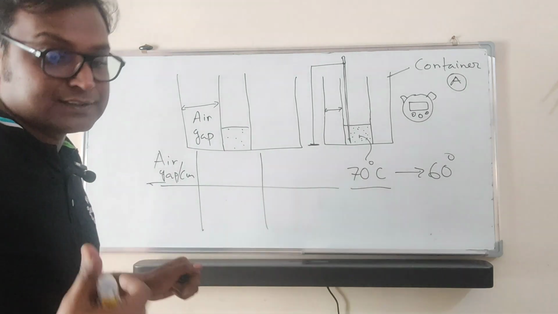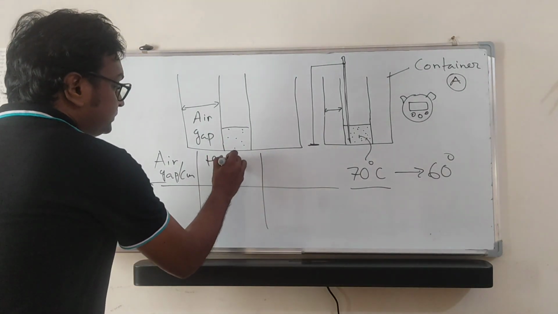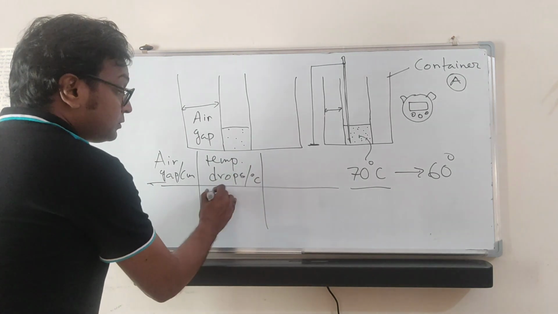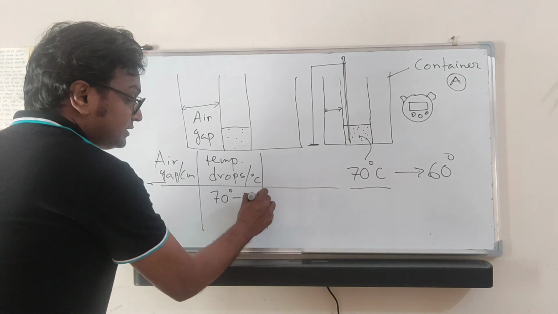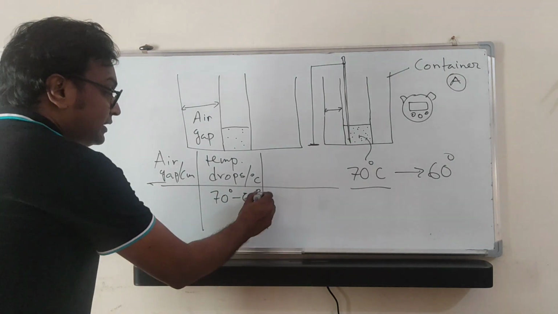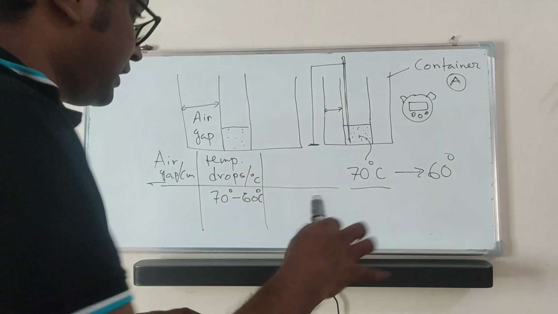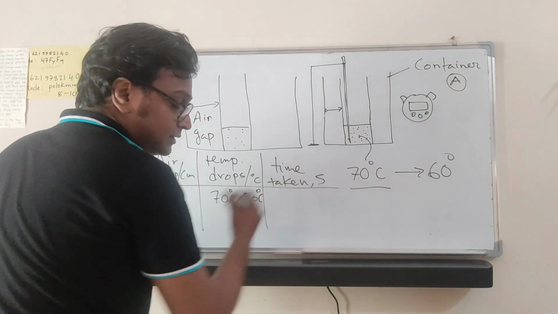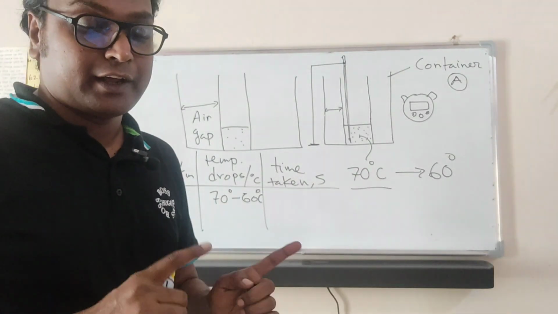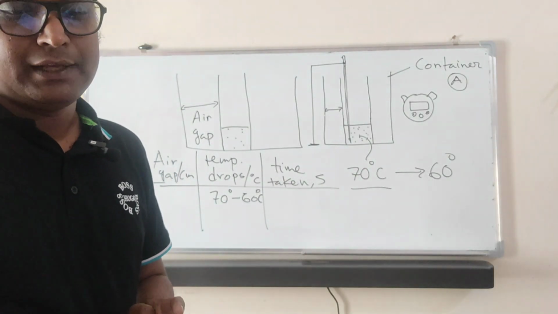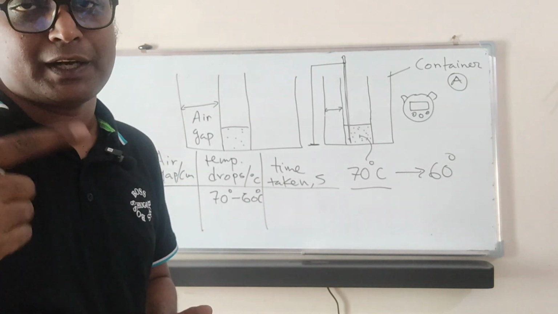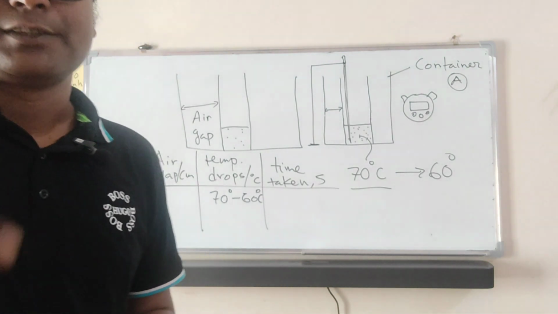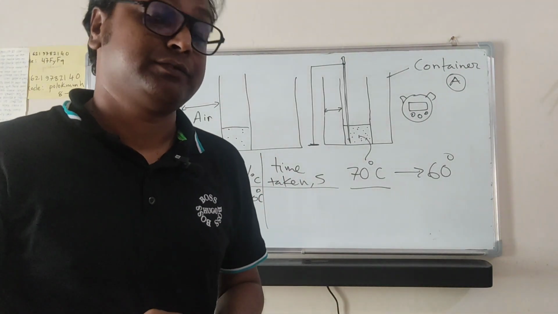And the second is temperature drop in degrees Celsius, from how much to how much, like 70 to 60 degrees Celsius. For this, what amount of time is taken, so time taken in seconds. So the air gap that takes less time for the same change of 10 degrees Celsius in temperature has the greatest cooling rate.